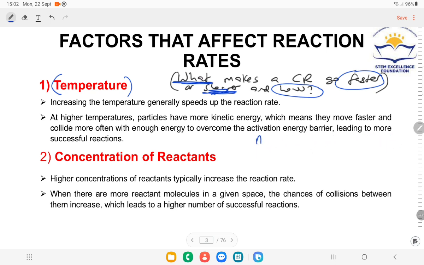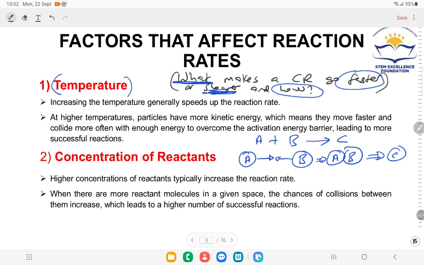Say for example, if A reacts with B to form C, then A particles will be going this way, B particles will be going that way, and eventually A smashes into B, and that somehow ends up forming C. So the faster these particles are moving, the more frequently they will collide and the more often they will form C.